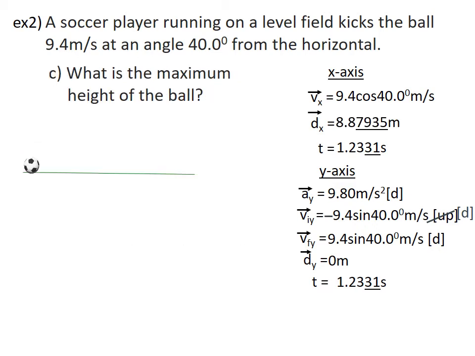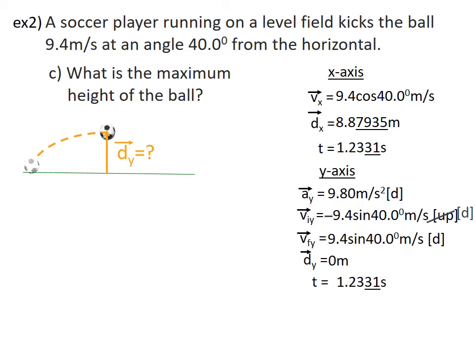Part C, what is the maximum height of the ball? That means unlike in part A and B, the ball is not going all the way back to ground. It is only going halfway through its total flight path. So we will have to write a new variable list for part C because our final has changed.